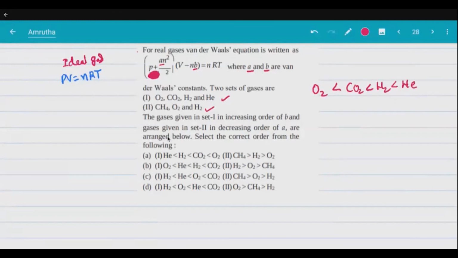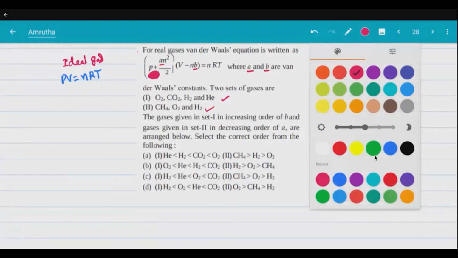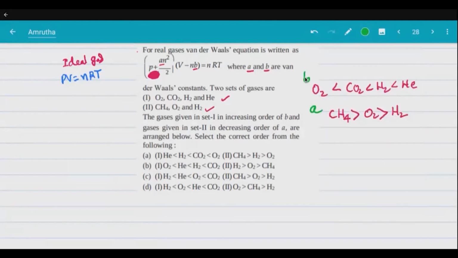And gases given in set 2 are in decreasing order of a. This is the a value, this is the b value. Select the correct order from the following.